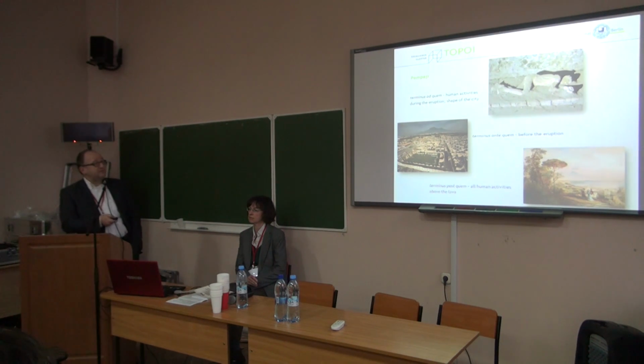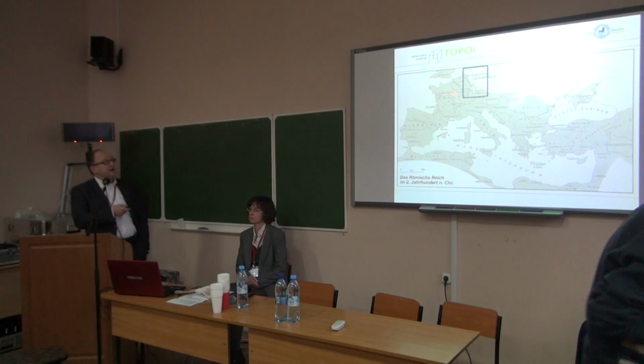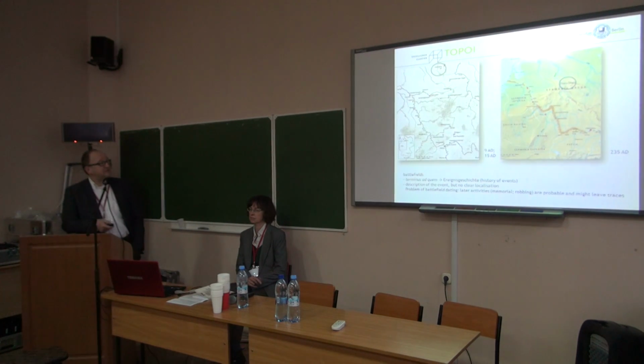I will focus on two examples which deal with the terminus ad quem. In the following, I want to lead you to the fringe of the Roman Empire in Germania. Two examples from Germany, from Lower Saxony in particular, with different dates. The first one is 9 AD or maybe 15 AD.